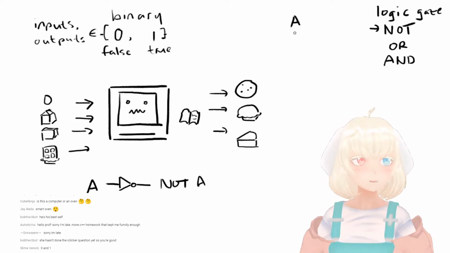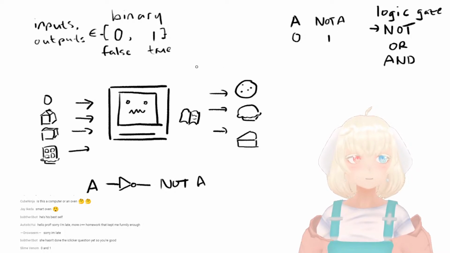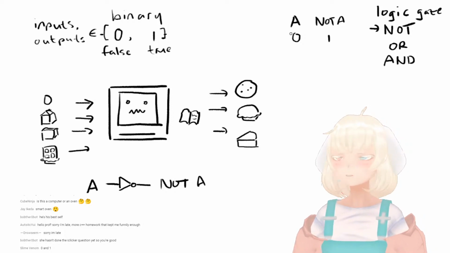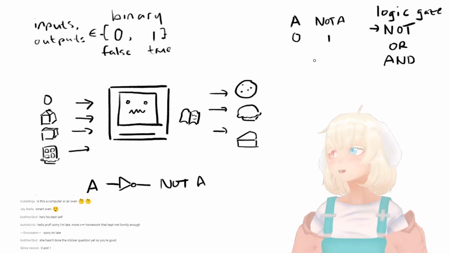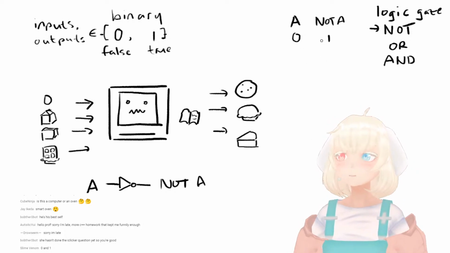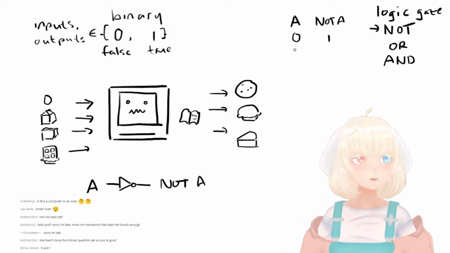Well, if A is 0, that means that not A will be 1, right? Remember, the inputs and outputs can only be zeros and 1. So if something's not 0, then it has to be 1. Cool. And conversely, if A is 1, then not A is 0, right?